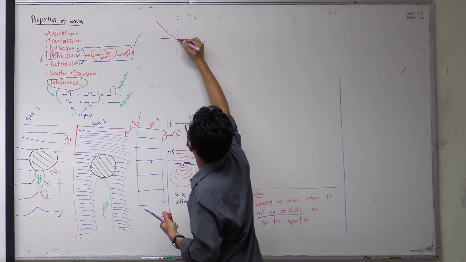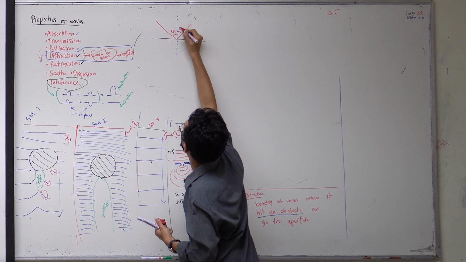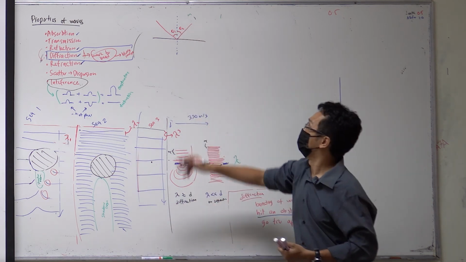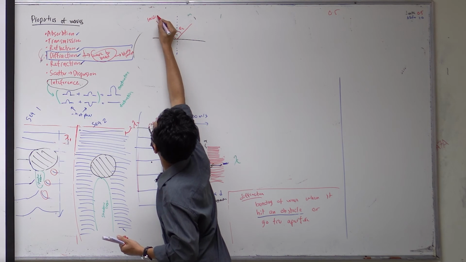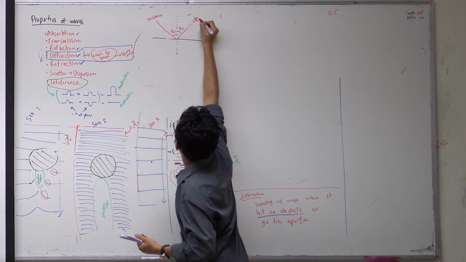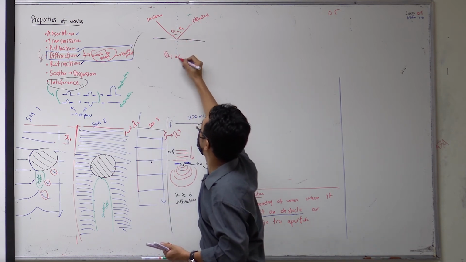It will reflect to here. The angles will be the same, theta 1 and theta 2. This is the ray of incidence, and this is the reflected ray. So under reflection, theta 1 equals theta 2.